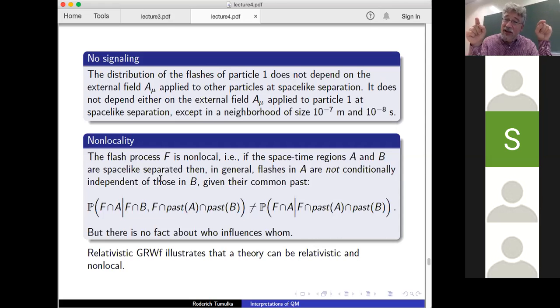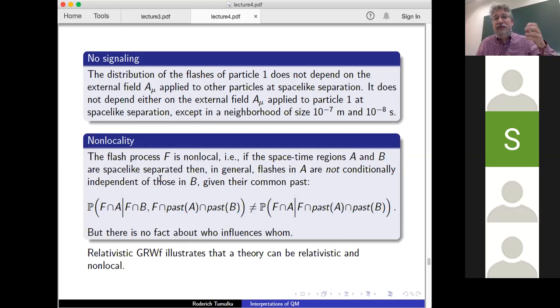So there is an influence. The two are not independent, but there is no fact in nature about whether the influence went this way or that way. They're just two random events, and they're coupled in such a way that their joint distribution does not factorize.